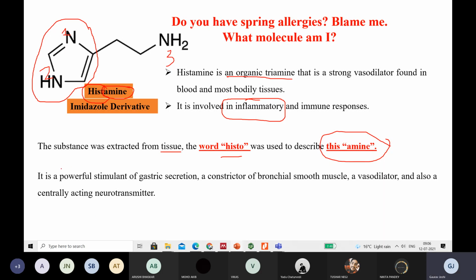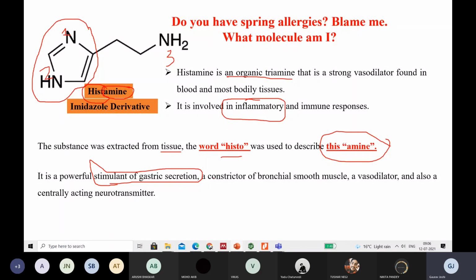So as I told earlier, the H1 receptor is basically involved in the inflammatory response. The H2 receptors are the stimulants of gastric secretion, right? So for example, in cases of ulcer, we require an H2 receptor antagonist.